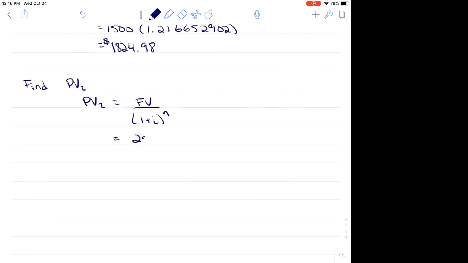The future value for this one was 2,500 over 1 plus 0.04 to the n, which was 3. You can see how important it is to not use R where you should be using I. The difference between 0.08 and 0.04 is going to make a big difference.